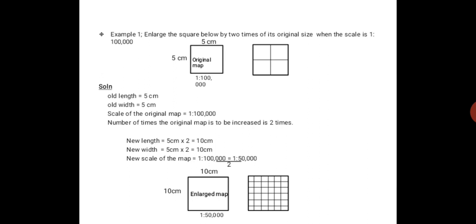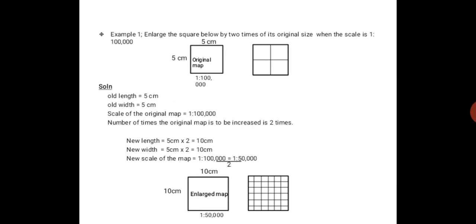You can also say that the next portion is gridded. You all know what grid means. The small squares, the vertical lines and the horizontal lines that crisscross the surface of the map are called grid lines. You all know that. Now, solution.